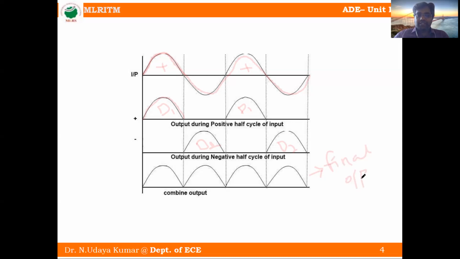We call it pulsating DC. DC means direct current. Pulsating DC means it is not pure DC; some AC components are mixed in this. So this is the final output of full wave rectifier.